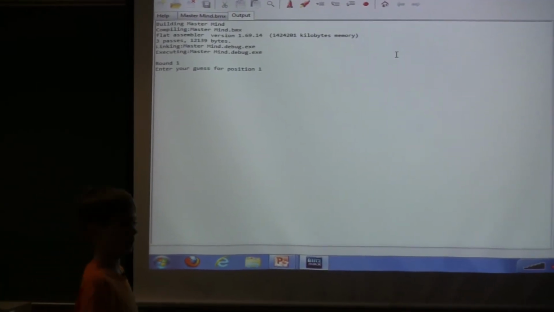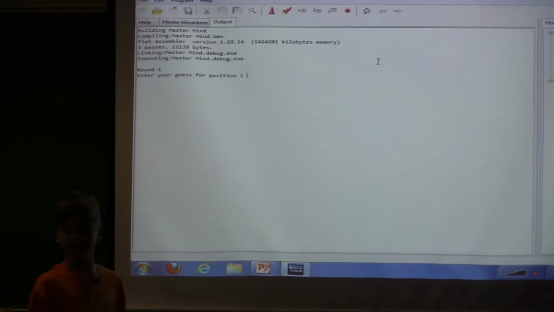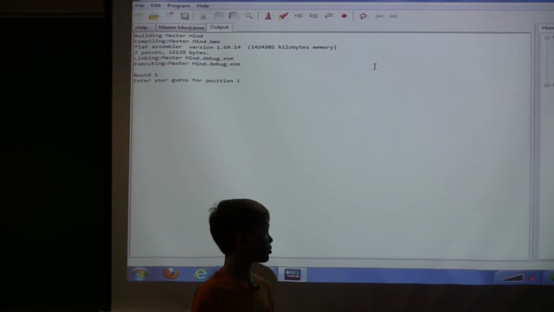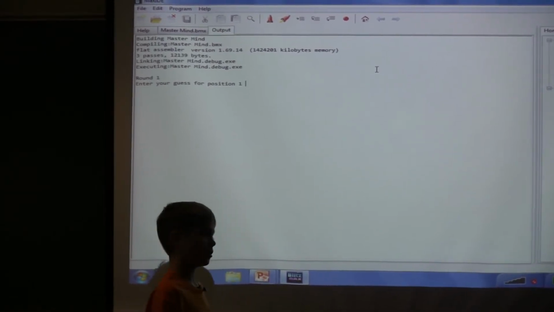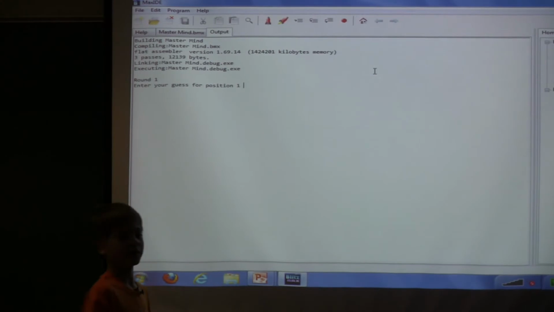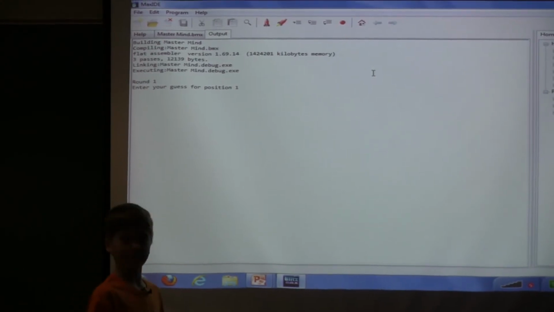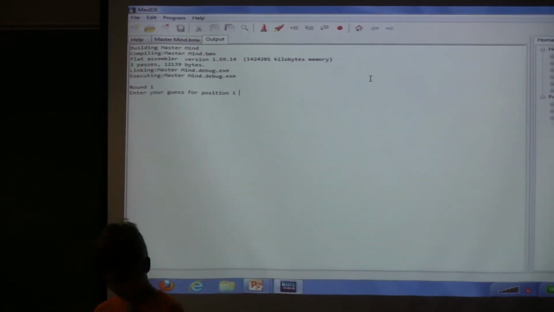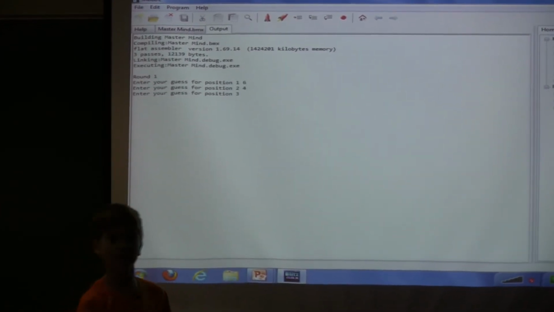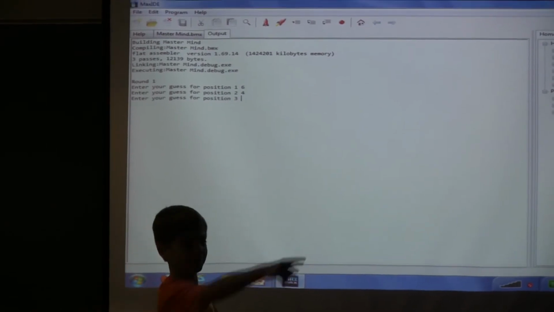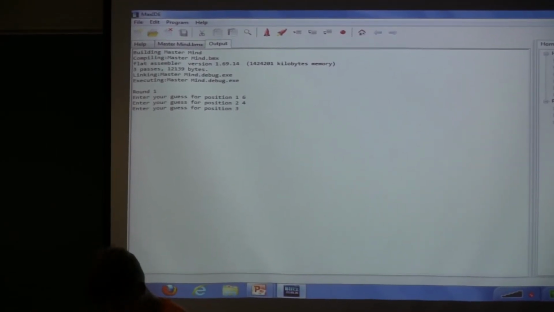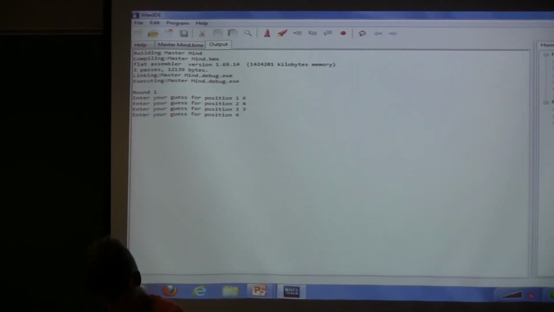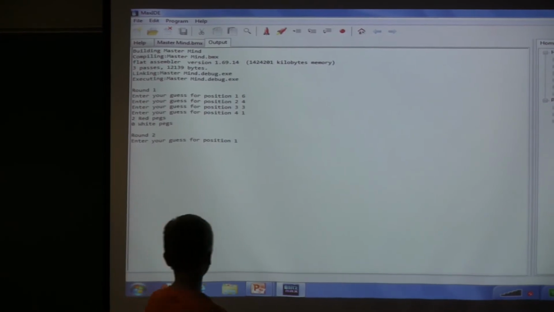Okay, so what should we do for our position 1? What colors are there? Well, it's numbers, right? Since it's simpler, it goes through 1 through 6. Okay, so we got 6, 4, 5, 3, 5. Oh, we got 2 red pegs.